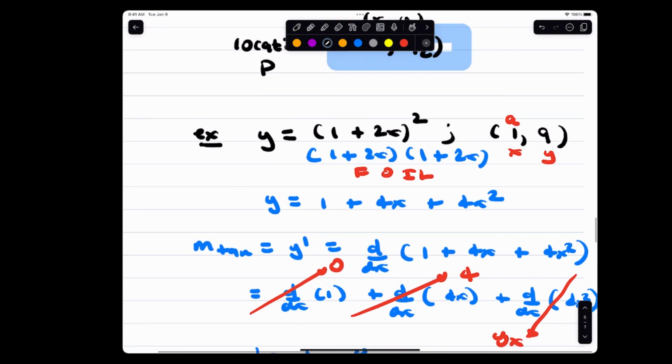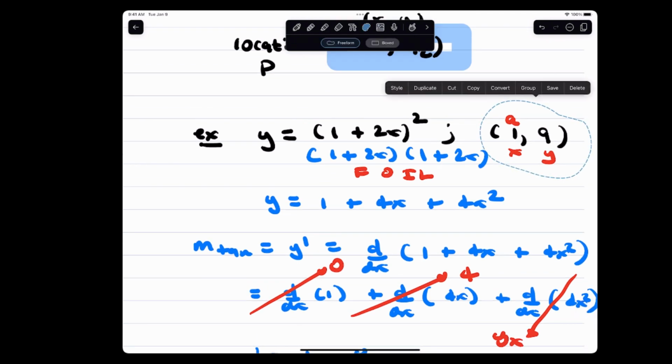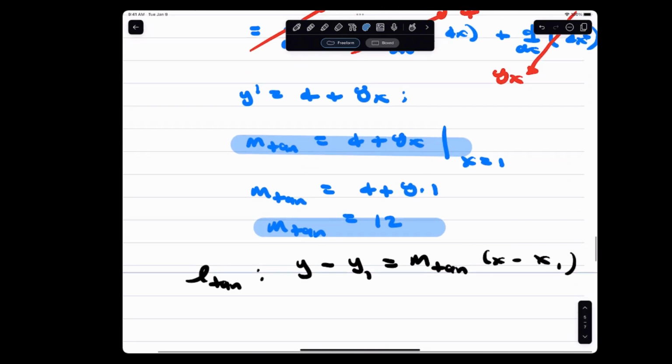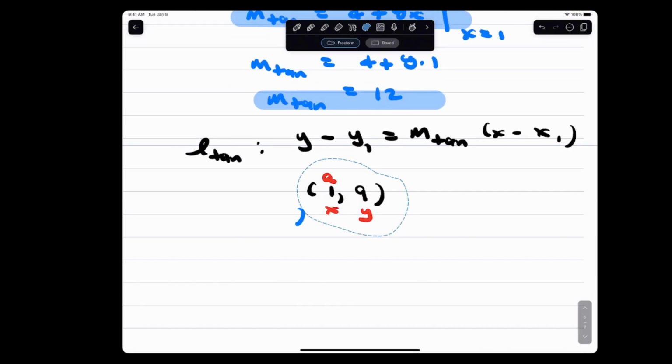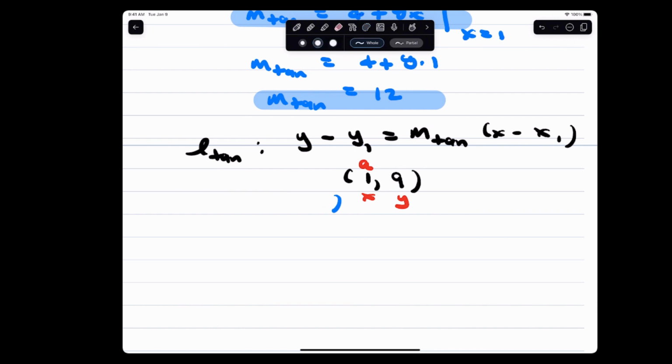But don't we need a point? Yes. So you have a point. So plug those values in. This is the x coordinate. Plug it in.